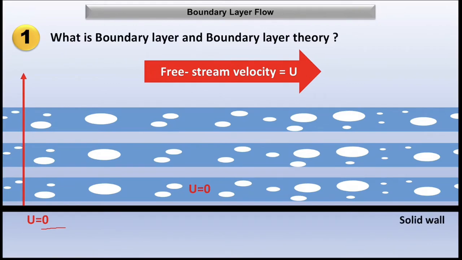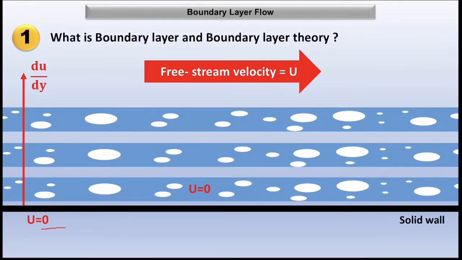Here you can see, this variation in the velocity is nothing but the velocity gradient, which is denoted by du by dy. So the velocity of fluid increases from 0 velocity on the stationary boundary to the free stream velocity U of the fluid in the direction normal to the boundary.